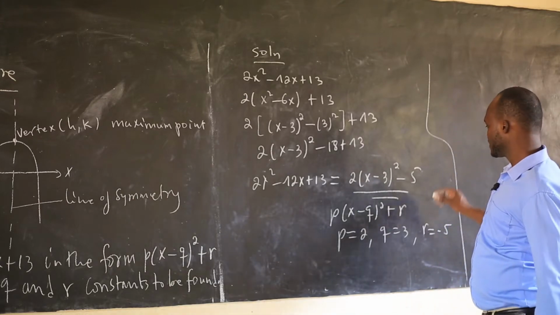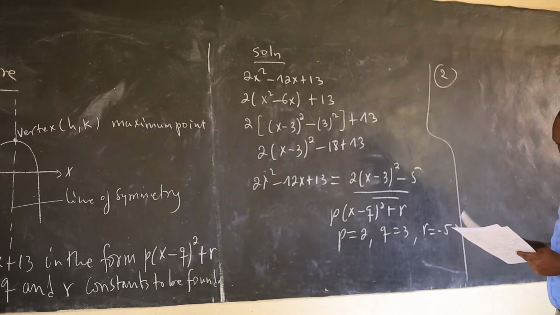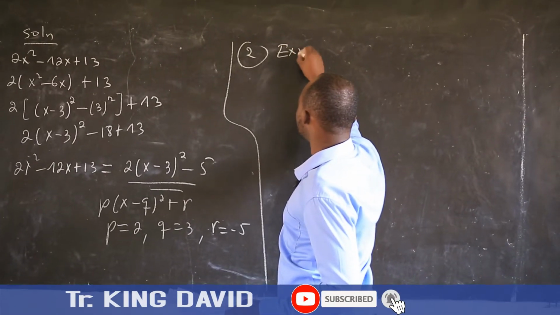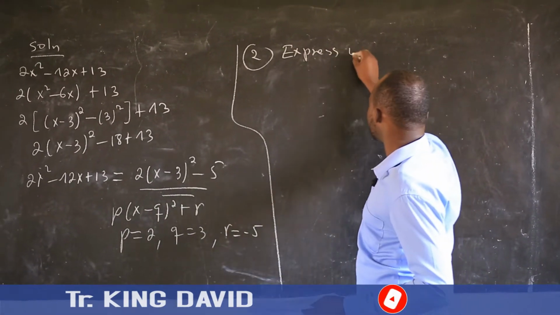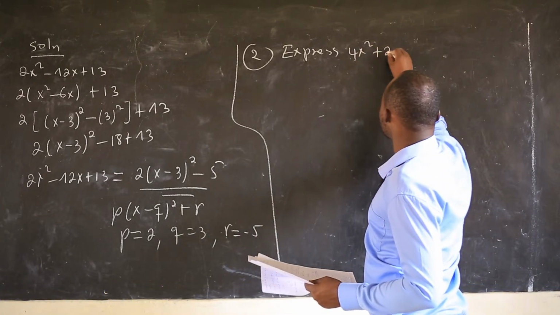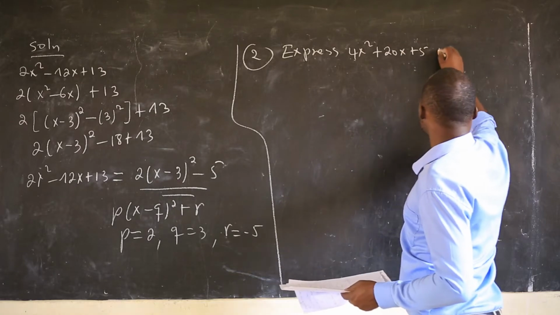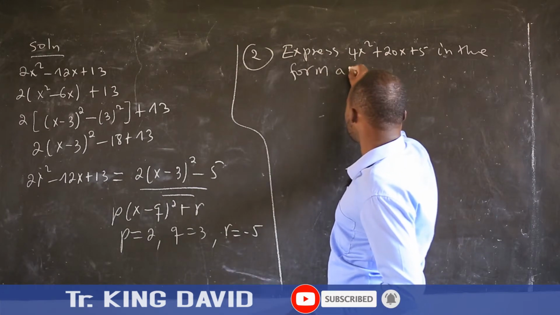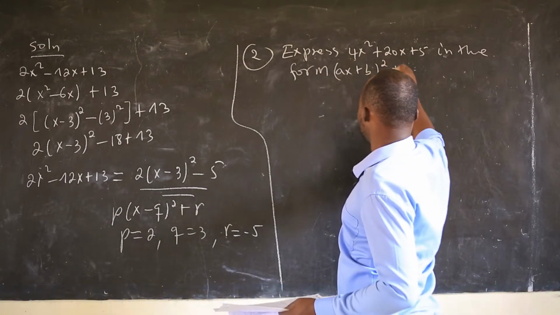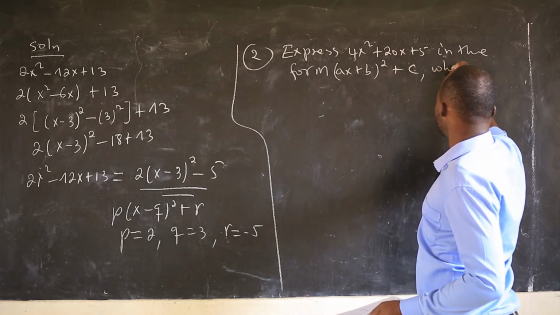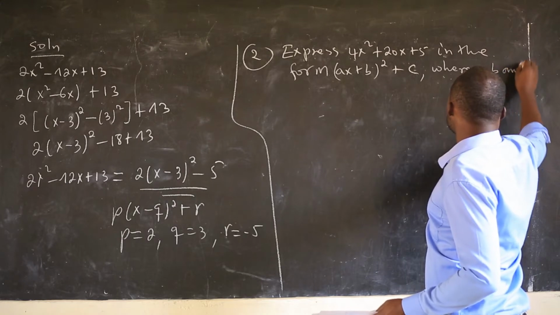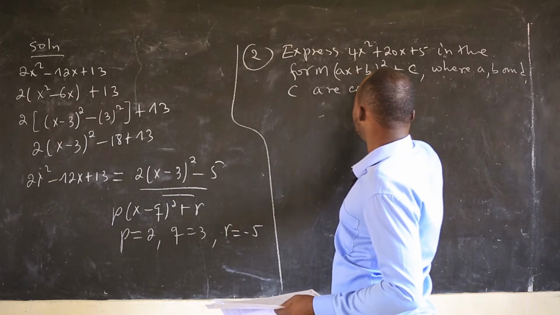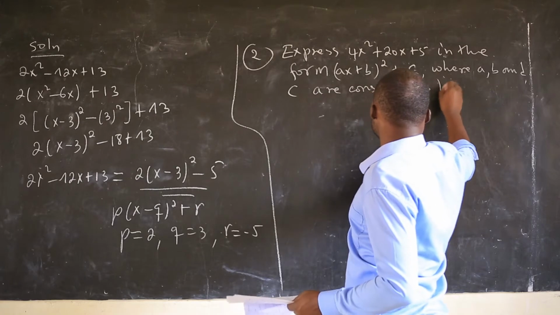Let's go to number 2. Number 2 is saying express 4x squared plus 20x plus 5 in the form (ax plus b) squared plus c, where a, b, and c are constants to be found.